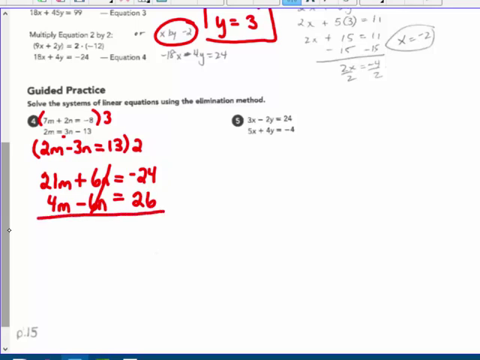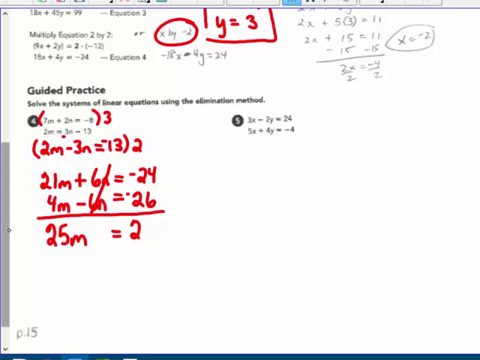So I have 21m's and 4m's, 25m's, equaling negative 24 and 26, different signs, subtract. So you get 2. Right? So I get 2, and when I, oof, is that right? Oh, it's negative 13. Woo, negative 13. That's a negative 13.